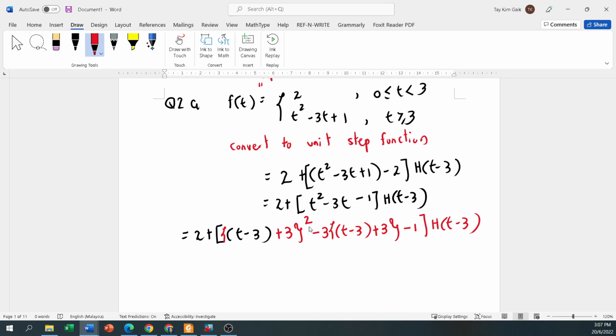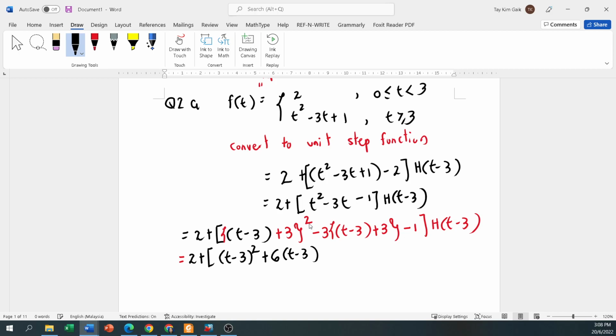Okay, and then for the squared one, you may square it first before we take the Laplace transform. So this is (t minus 3) squared. So 2 times 3 times (t minus 3), so total is 6 times (t minus 3).